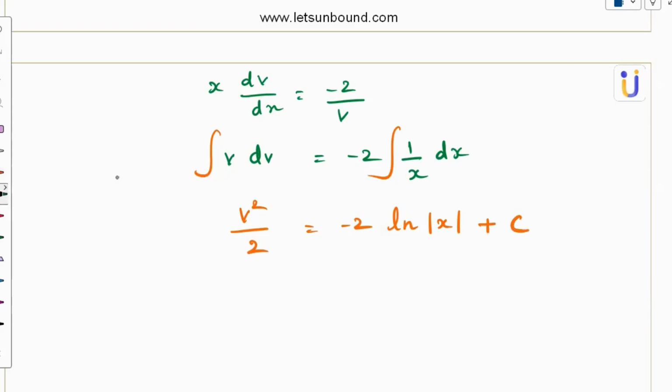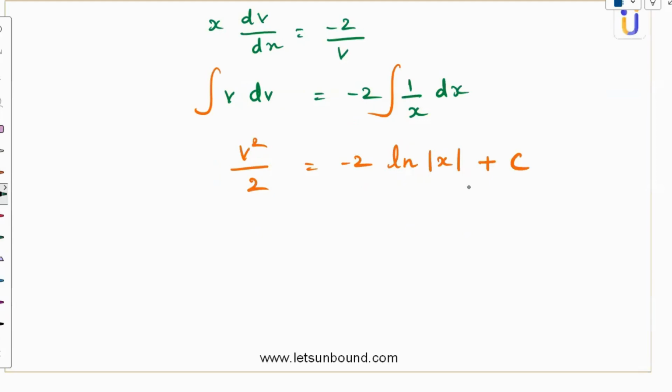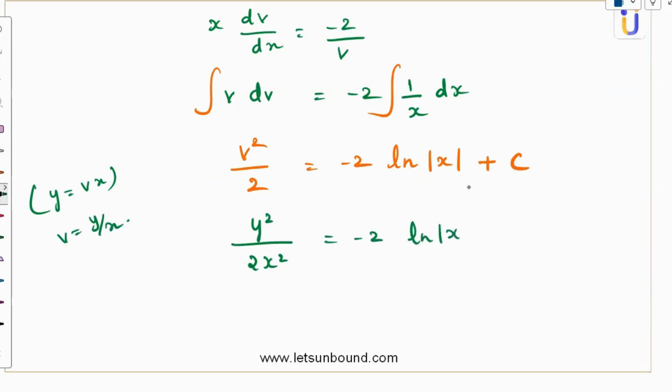Don't add the constant on both sides, let it be on any one side. Now I don't want the v squared form, so again y equals vx, which means v equals y by x. So y squared by 2x squared equals minus 2 ln mod x plus c.